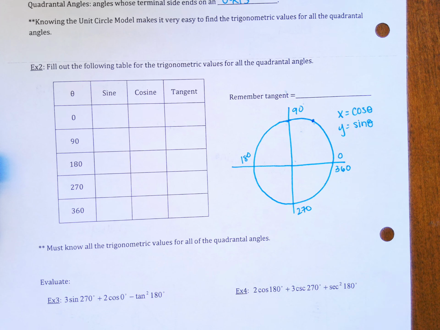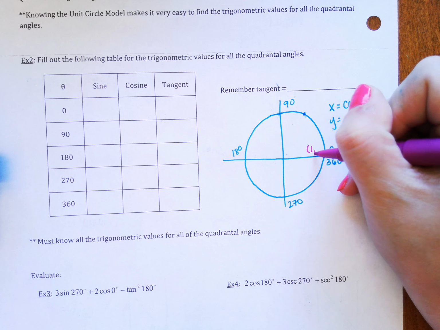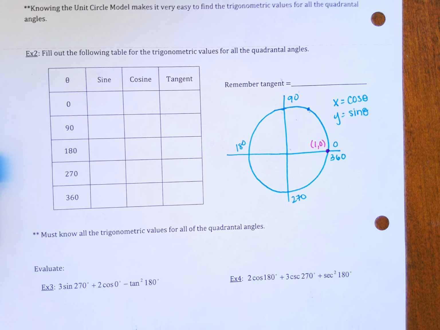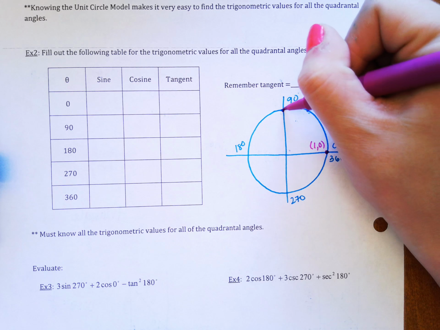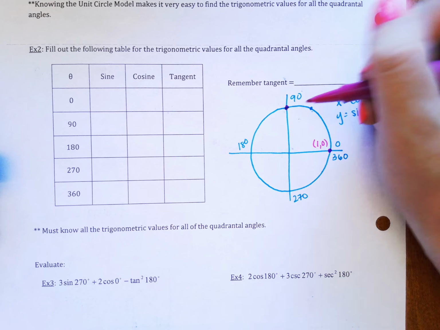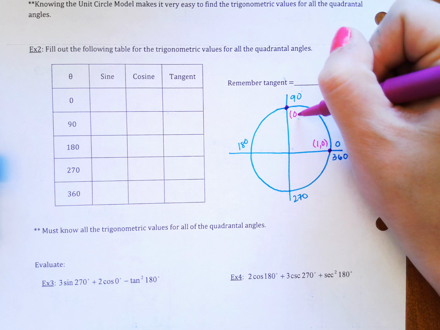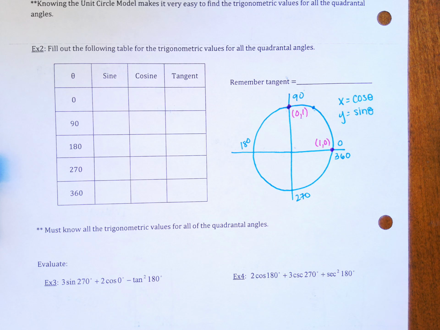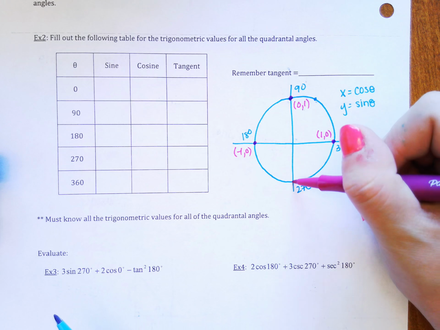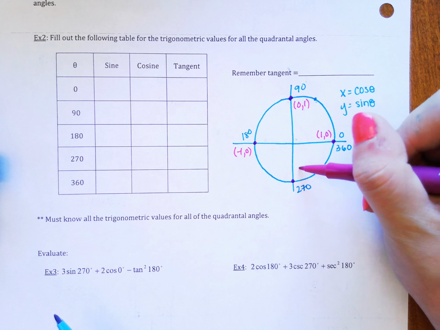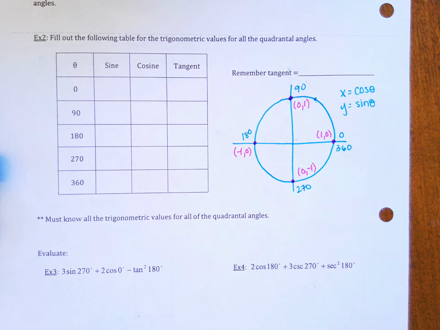At this point, which is at 0 and 360 degrees, I can represent that as (1, 0). It's a distance of 1 away. At our 90-degree angle, I can represent that as (0, 1), because I'm 0 on my x-axis and 1 on my y. At 180 degrees, I'm at (-1, 0). And at 270 degrees, I'm at (0, -1).